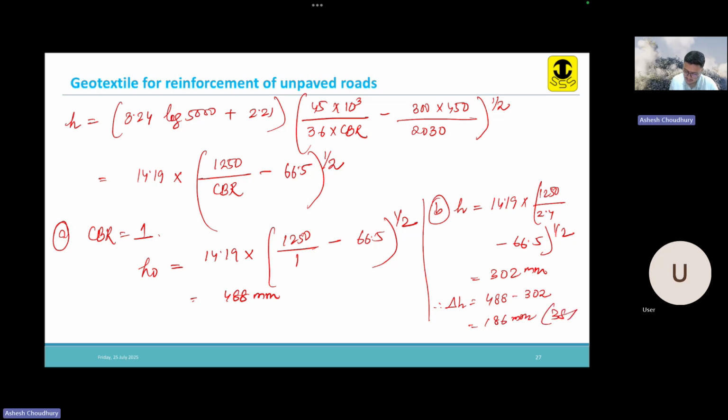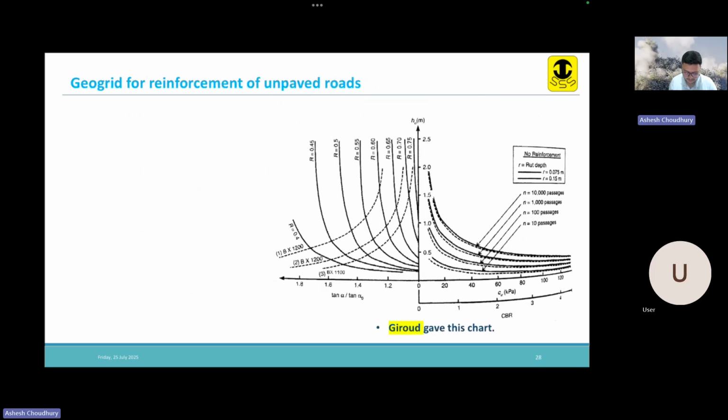It is 38% reduction, 38% reduction is happening.